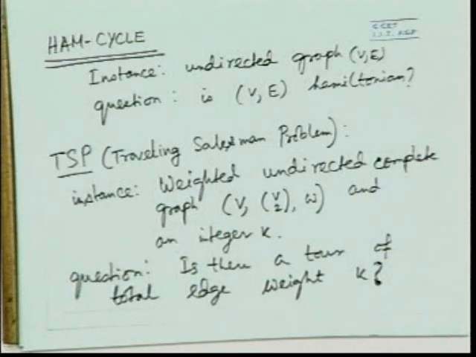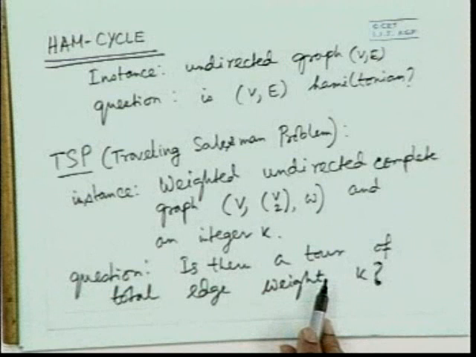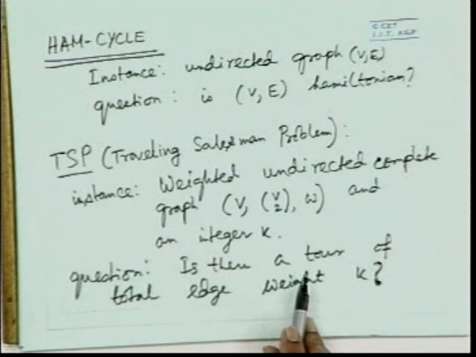So that's the question. This time the graph is a complete graph, and we are asking, is there a complete tour or a cycle which goes over each vertex exactly once, where the total weight is exactly k?